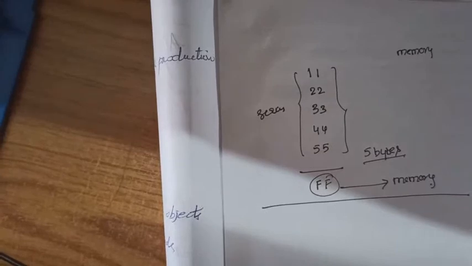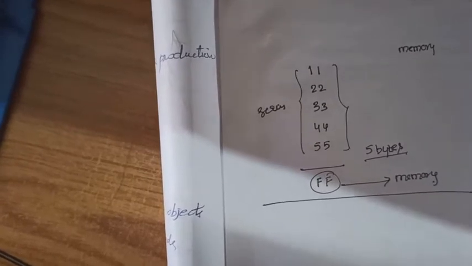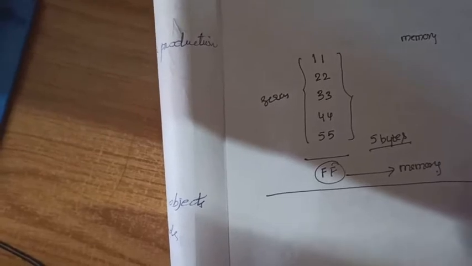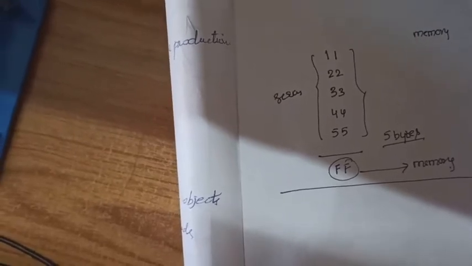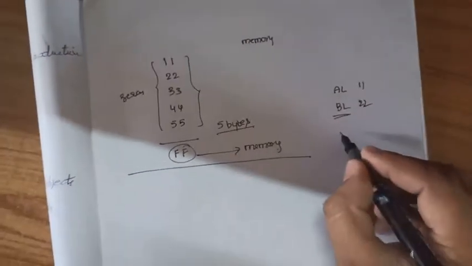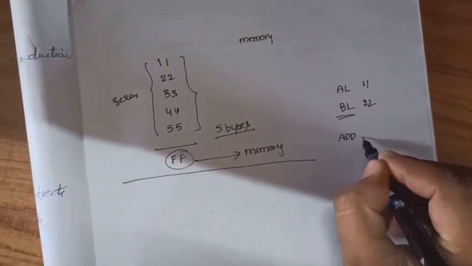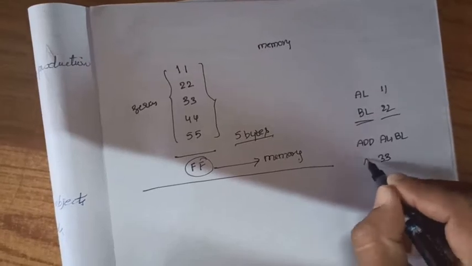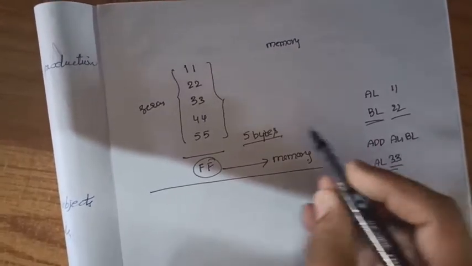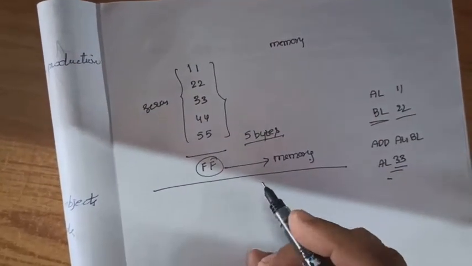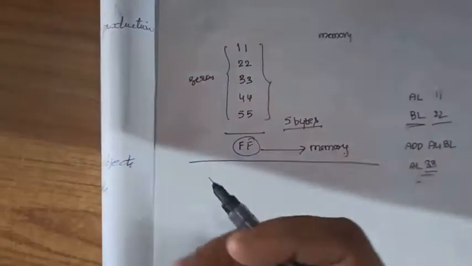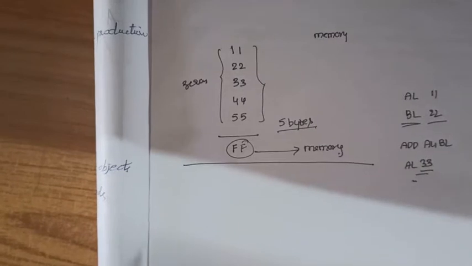If it is a 2 operand addition, we can directly use 2 registers and perform addition. Suppose AL has 11 and BL has 22, we can do ADD AL, BL, and it will give us 33 in the AL. But that is not the case here. Here we have 5 bytes of data, and we don't have enough registers in a microprocessor to hold n bytes.